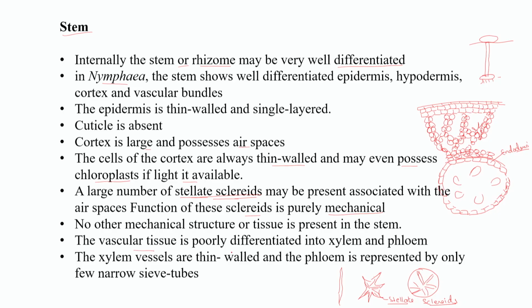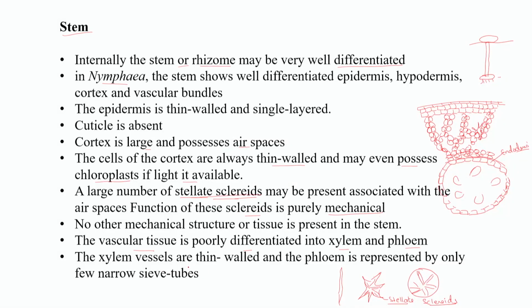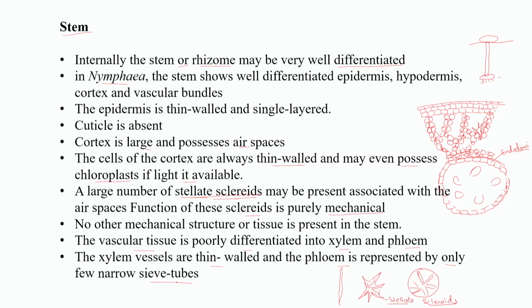The vascular tissue will also be poorly differentiated, meaning it won't be very easy to differentiate exactly xylem and phloem, because all those lignified tissues will also be absent. Now xylem vessels will be thin walled and phloem will be represented by narrow tubes, not completely well differentiated sieve tubes, and well differentiated fibers will all be absent.